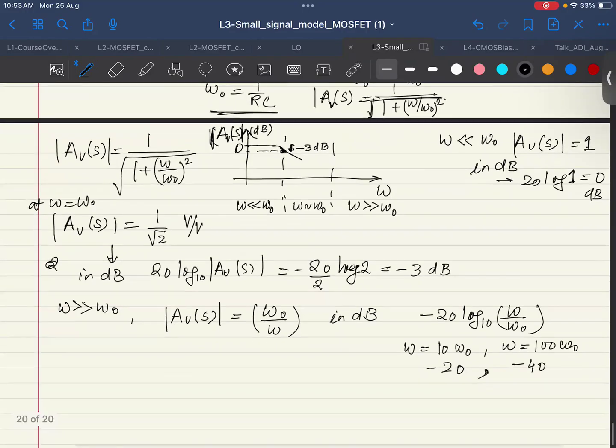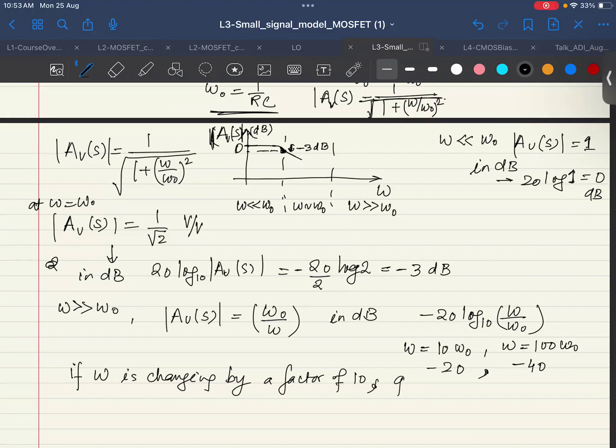So what we see, if we were to look at this response, what is happening if omega is changing by a factor of 10, how much is your gain changing? Gain is changing by minus 20, or decreasing by 20, right?